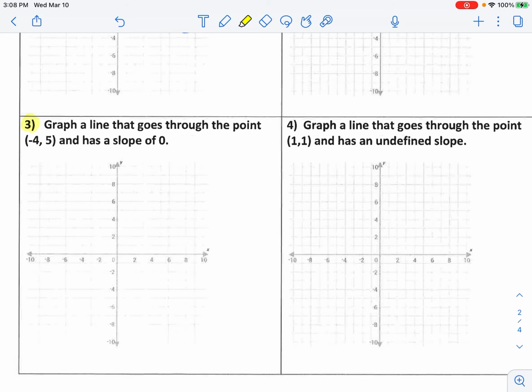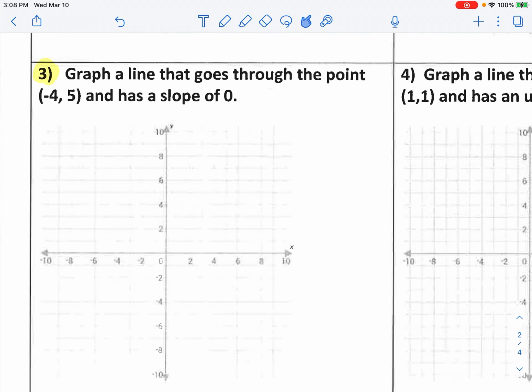We're doing the odds together. So you are going to graph a line that goes to the point negative 4, 5. Negative 4 on the x, 5 on the y. So where those two lines intersect, you're going to put your starting point.